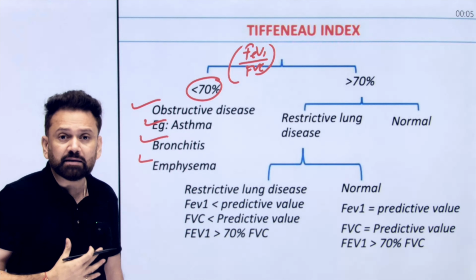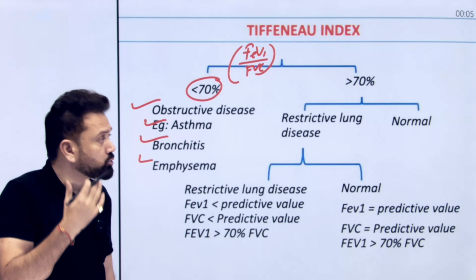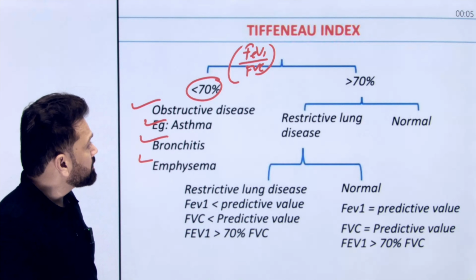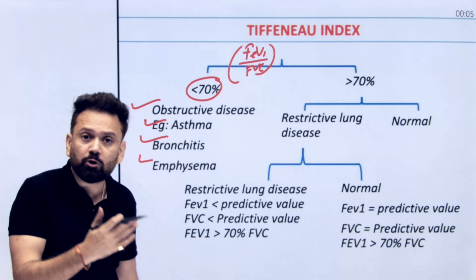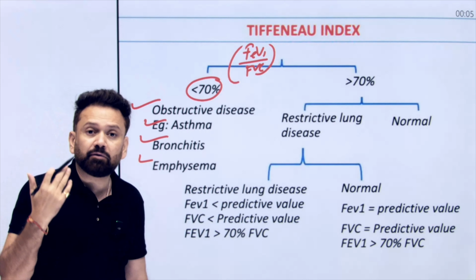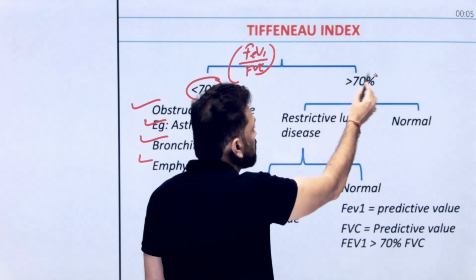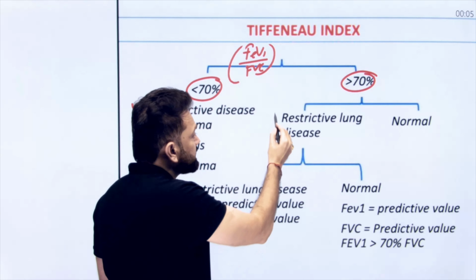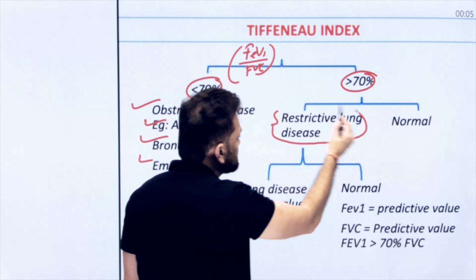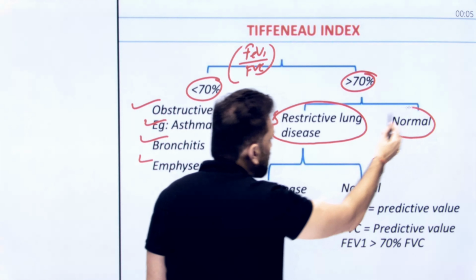The problem is in the airways, from the trachea to the terminal bronchiole, or from the respiratory bronchiole up to the alveoli; they are called airways. And if FEV1 by FVC is more than 70%, either it can be restrictive lung disease or the patient can be normal.